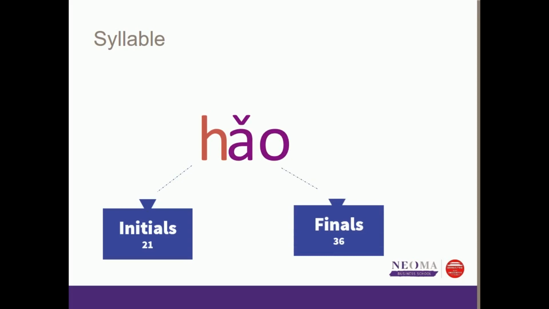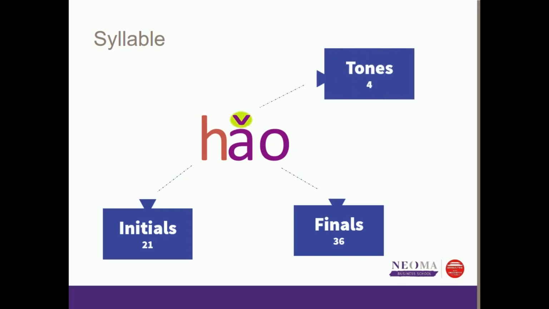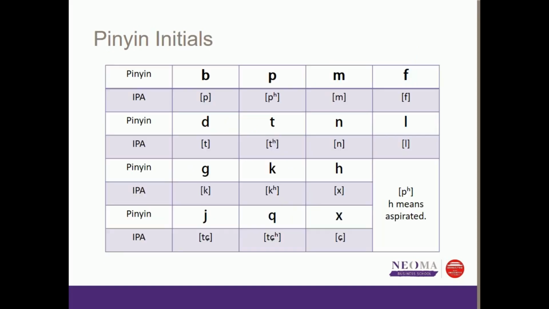In Chinese, we have 36 finals. And you might already notice the little tick on top of it. This is called tones. We have 4 tones in Chinese. So let's look into the initials first. Here are the pinyin initials.